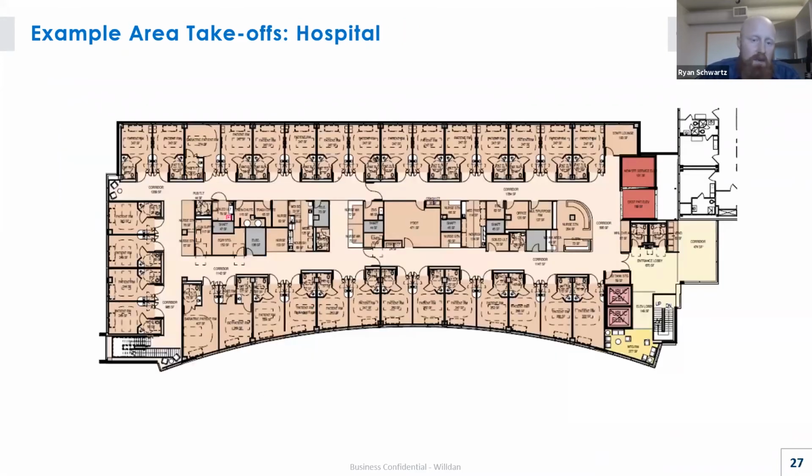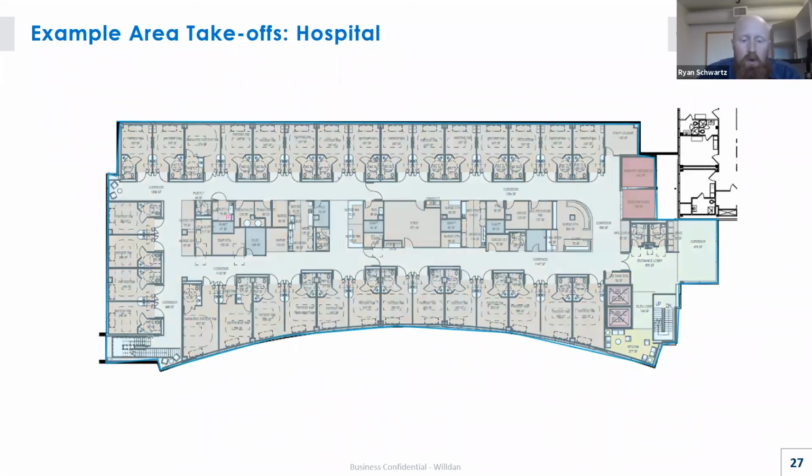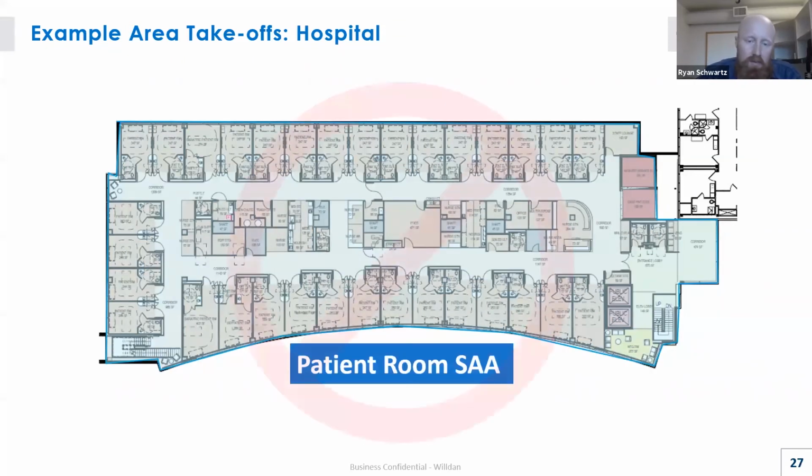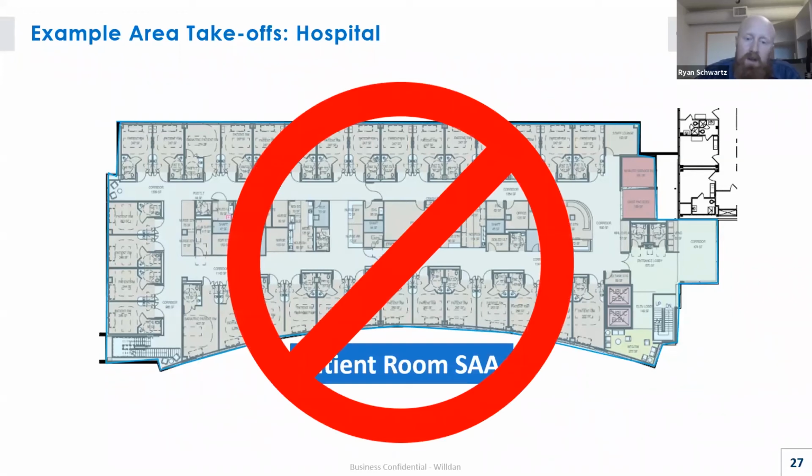A second example would be in a hospital on a patient room wing where there's patient rooms around the perimeter. You wouldn't want to apply one whole patient room SAA, because essentially that would overventilate that portion, or you would be applying a lot more ventilation to the model than you would typically need.